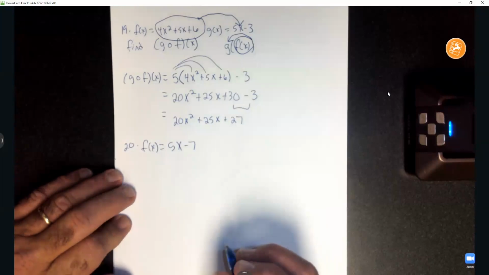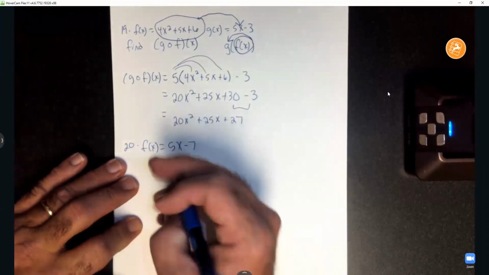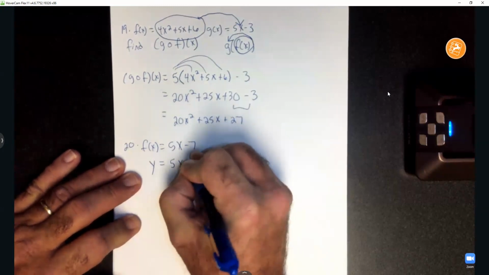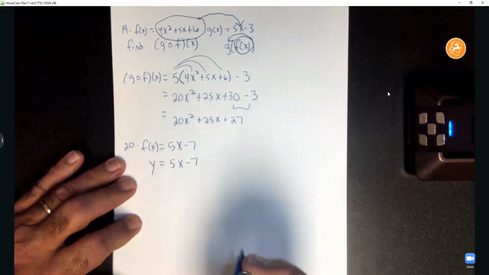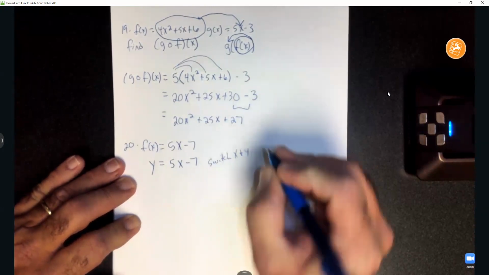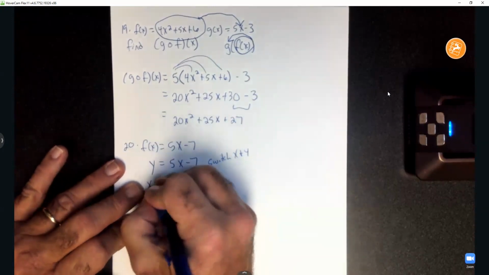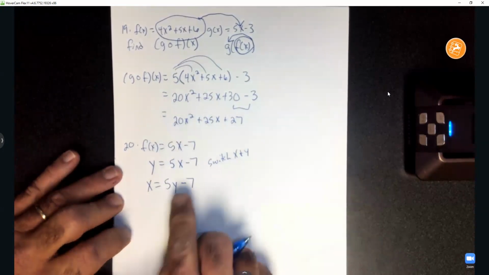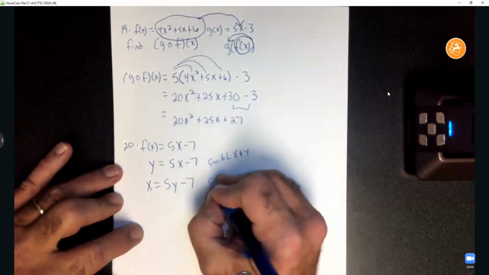So finding the inverse, that's where I replace the f of x with a y, and I get y equals 5x minus 7. Then I switch x and y. So when I switch them, I get x equals 5y minus 7. So now that I switched them, I'm going to solve for y.